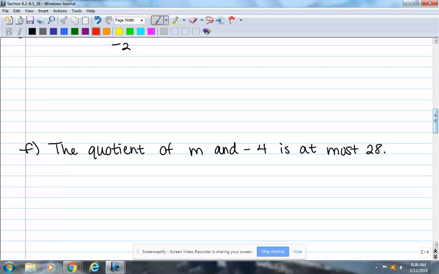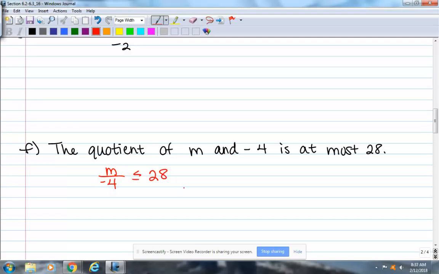What does quotient mean? It means we're going to divide. Do we say negative 4 divided by m or m divided by negative 4? Right, do it in the order they tell you, okay? So m over negative 4. What symbol do I put for at most? Less than or equal to 28.